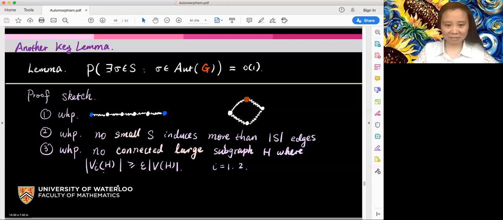The set of vertices with degree 2 or 1 is only an epsilon fraction. Epsilon can be chosen in advance to be something very small. And the small and the large, I don't really want to define here. They are technical, some functional of the degree sequence. But roughly speaking, they are log of n.